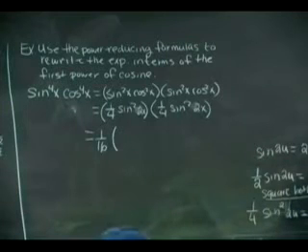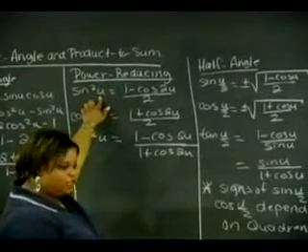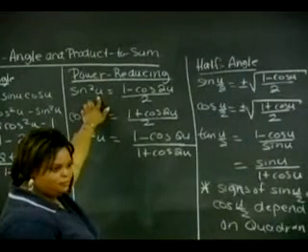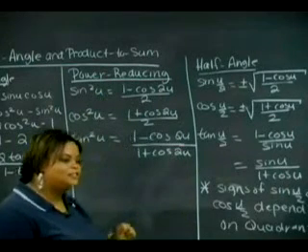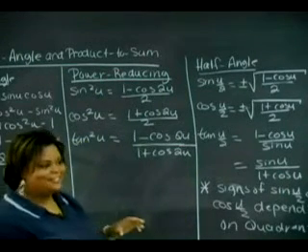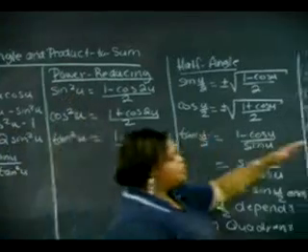Now, sine squared 2x. Notice this says sine squared u. So that means, what is u in that problem? U is what? 2x, right?